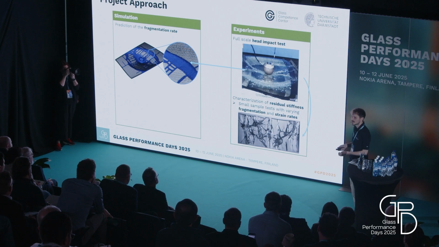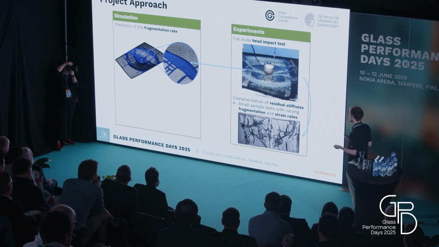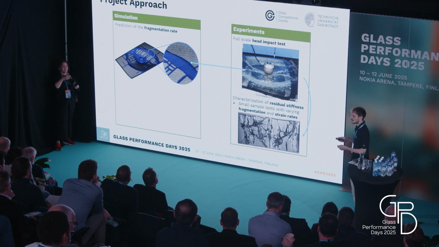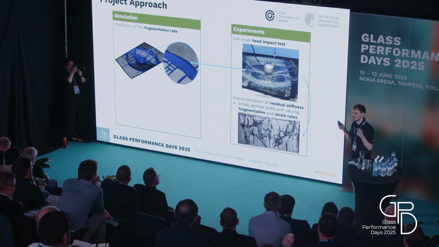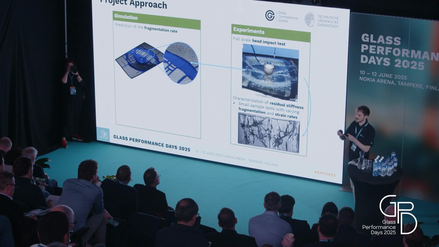We need to characterize the residual stiffness of the broken laminate. We will do this with small sample tests, and there we will vary the fragmentation and the strain rate. What we will do here is not describe the actual, very precise behavior of this laminate, so we will not investigate how one fragment behaves relative to another one, to the laminate, and the delamination.